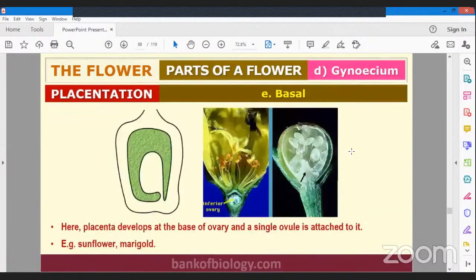Okay. Next, basal placentation. Here the placenta develops from the base of the ovary and a single ovule is attached to it. Example, sunflower and marigold. So take it down.